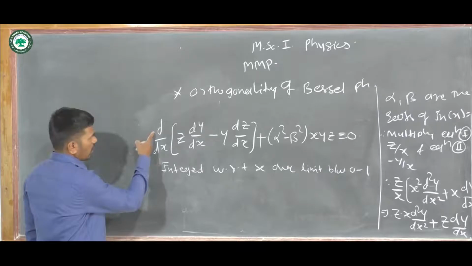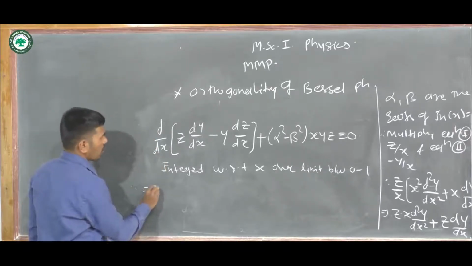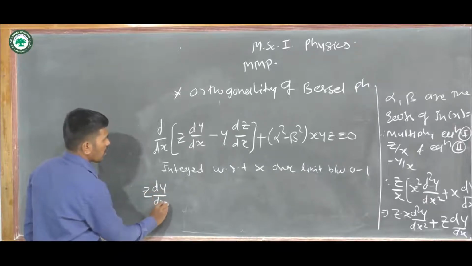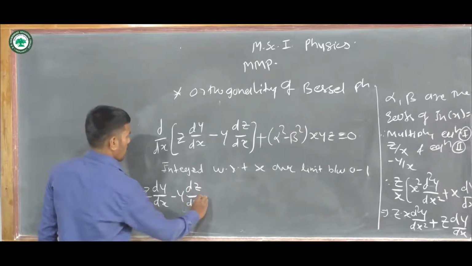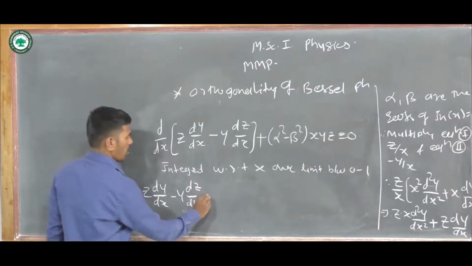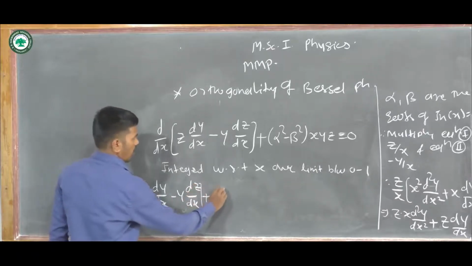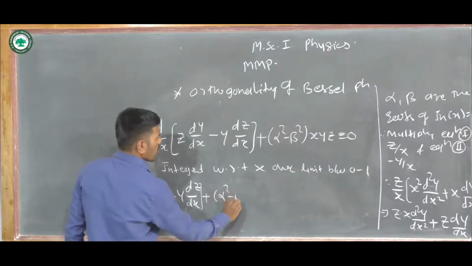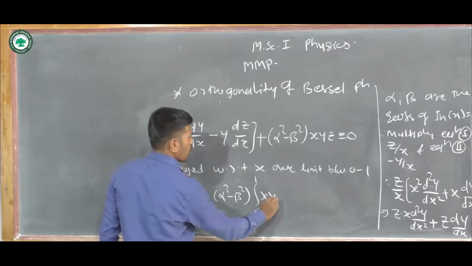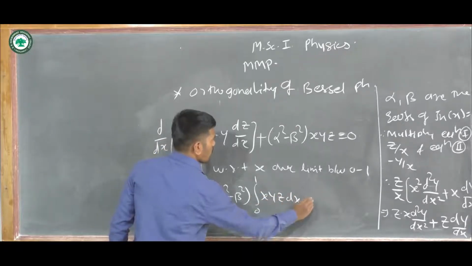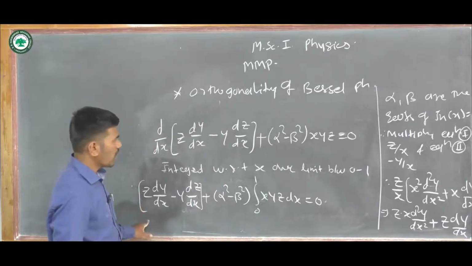Okay, so the integration and this derivative will be cancelled out, and this thing is z into dy by dx minus y dz by dx plus alpha square minus beta square integration over 0 to 1 x y z into dx is equal to 0. Okay, so this is the expression now.